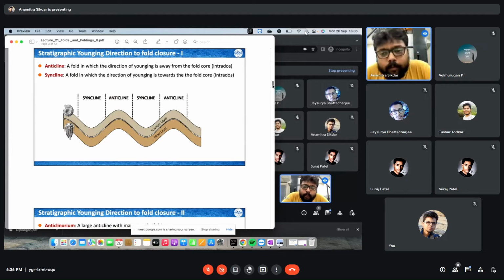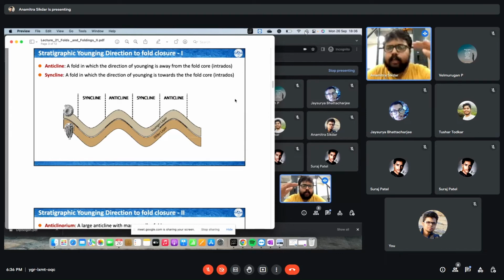So why do we need to refer to these things? Because of stratigraphic inversion. In the general case, if there is no stratigraphic inversion, the older layer sits at the bottom and the younger layer sits at the top, right?